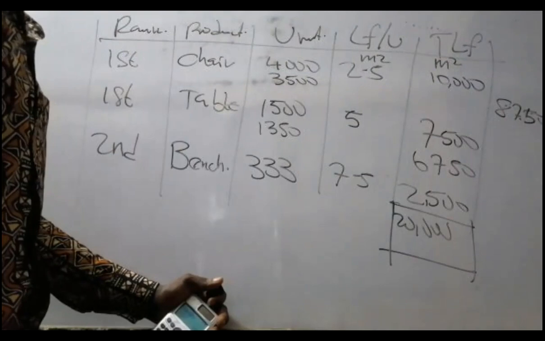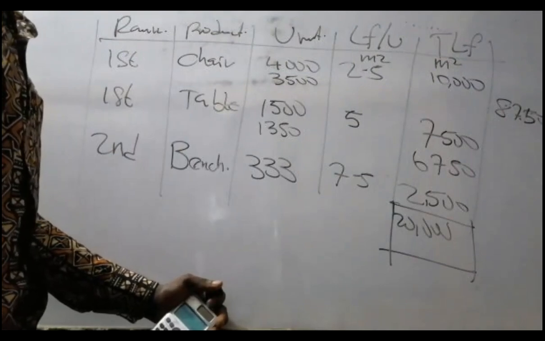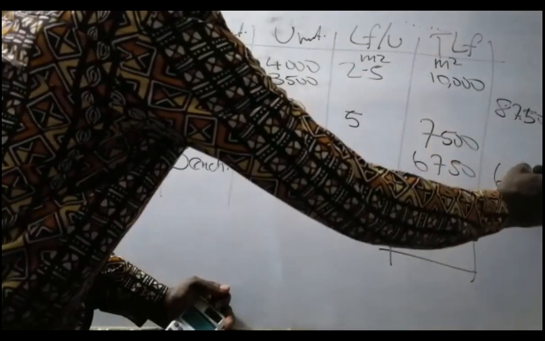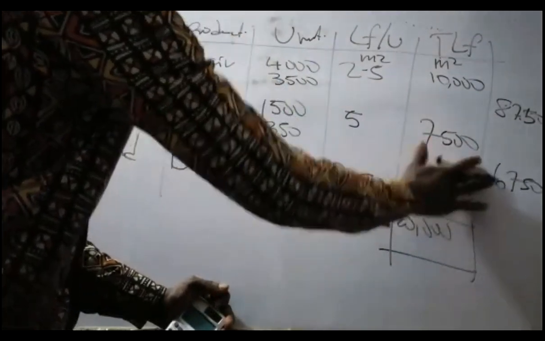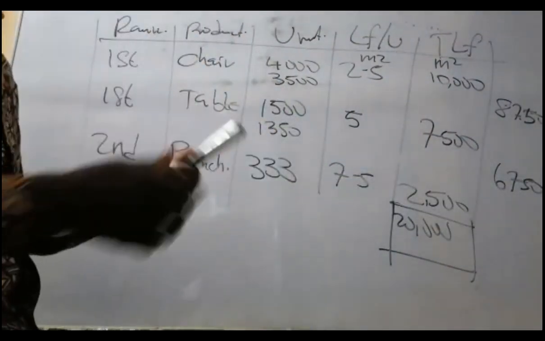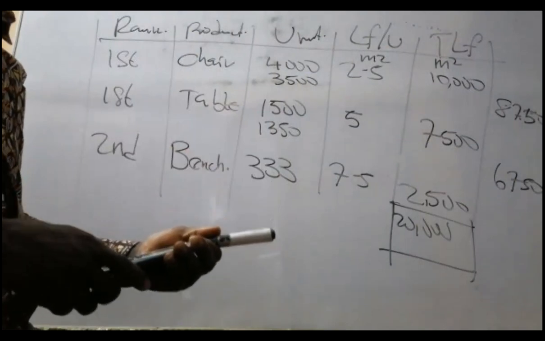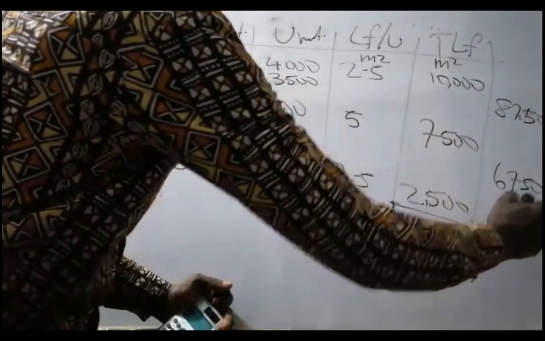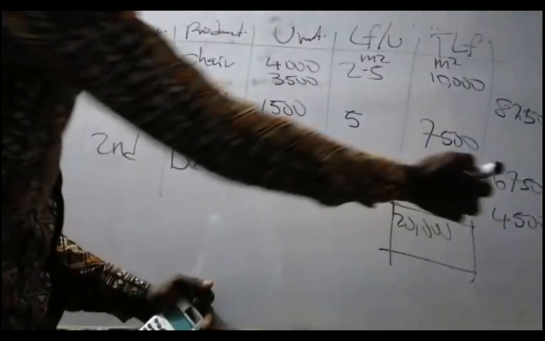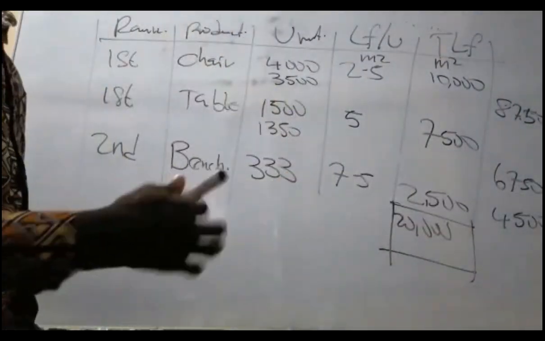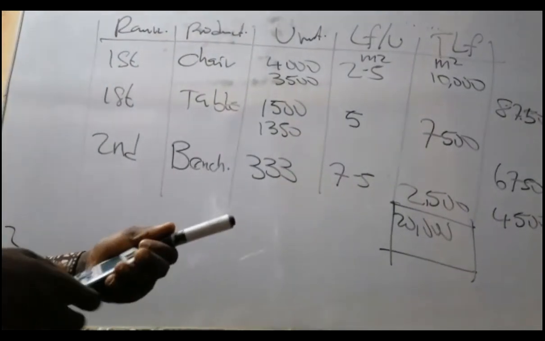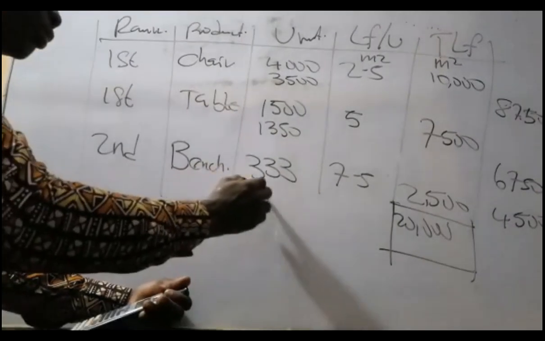So here you compare the two. Which of them will give you the largest profit or contribution? So here the difference, less 20,000, be 4,500. Now use this one to produce the 7.5. So 4,500 divided by 7.5. I'll get 600. Good.